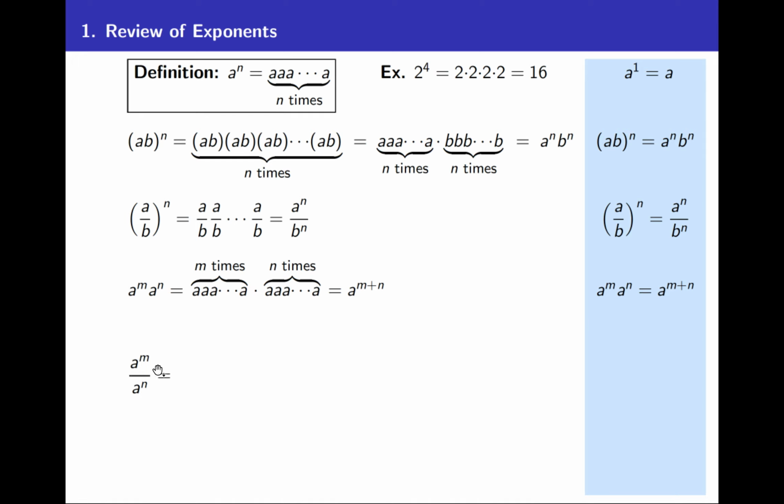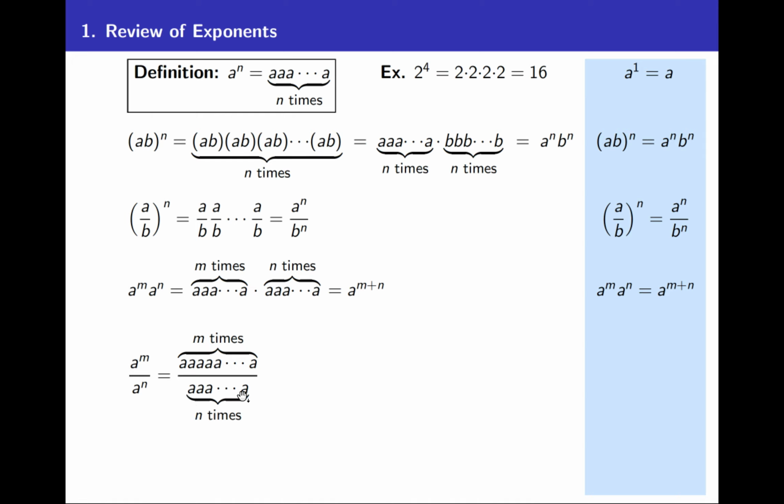Let's also think about what a to the power of m divided by a to the power of n would be equal to. And for the moment, think about m and n being integers where m is bigger than or equal to n. So you have more a's on the top. You'd have a times itself m times on the top divided by a times itself n times on the bottom.